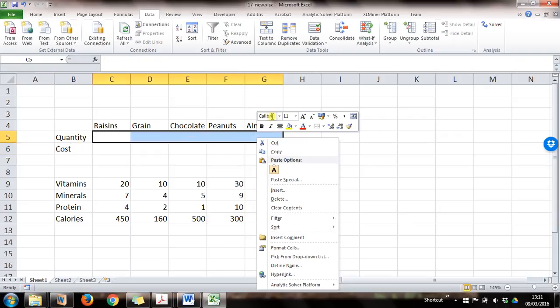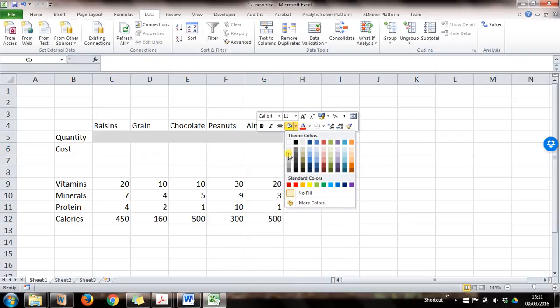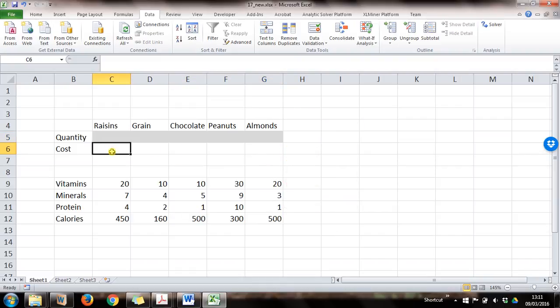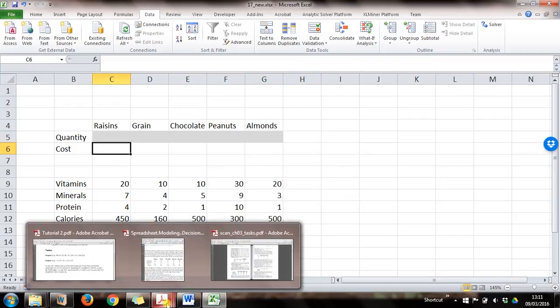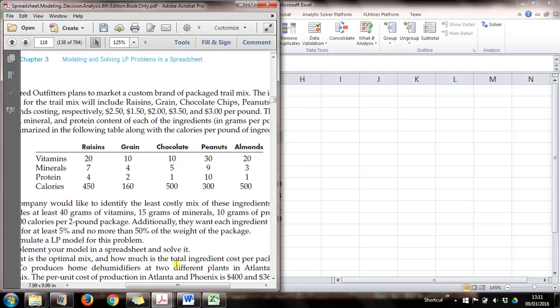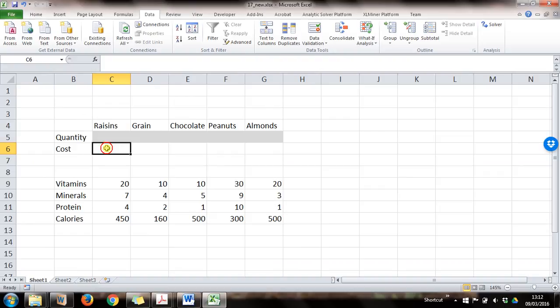I'll make this gray to mark these as the decision variables, and these cost factors I can copy from here: 2.5, 1.5, 2, 3.5, 3. Now let this be the total cost.